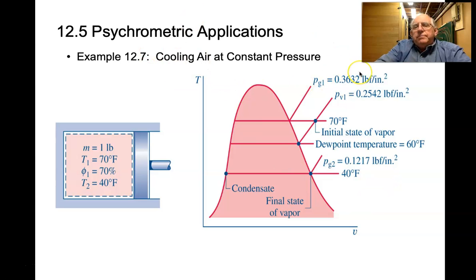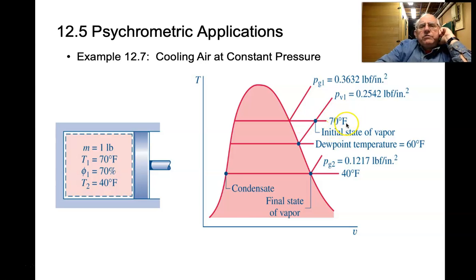And so here is a problem that was in the textbook, where one starts with a certain mass of air with vapor. The mixture temperature is given. The final temperature is 40 degrees, but at the initial condition, the relative humidity is 70%. And so knowing that the relative humidity is 70%, we start at the 70-degree line, and at the 70-degree line, we know the value of the saturation pressure from the steam tables.